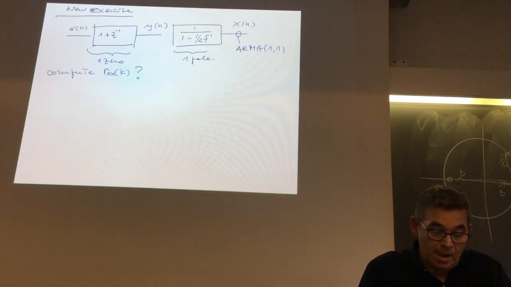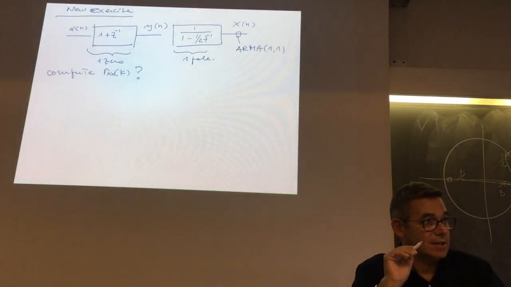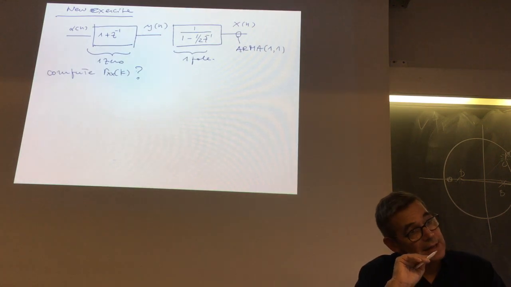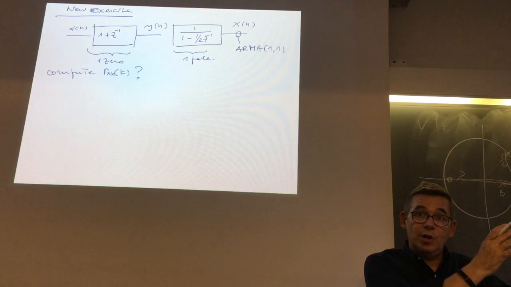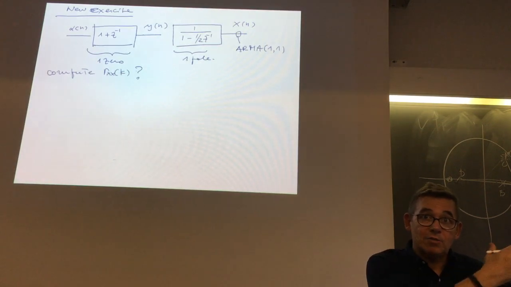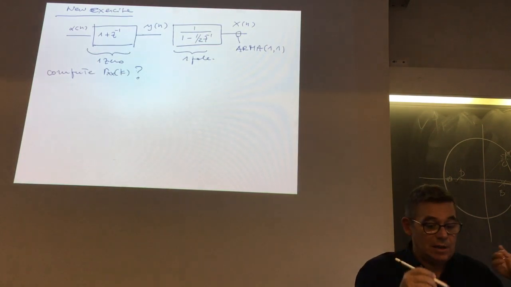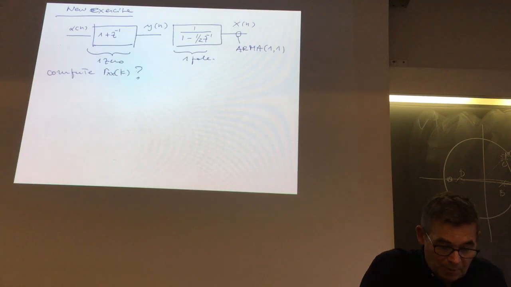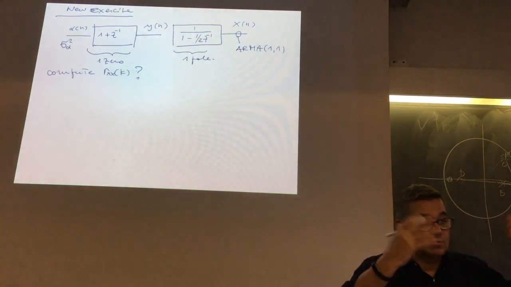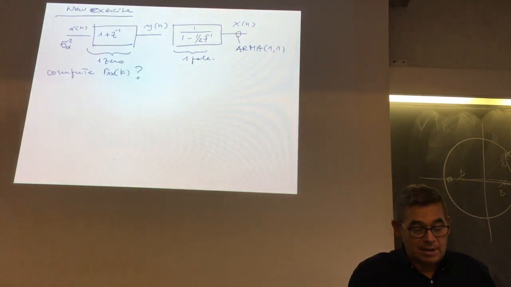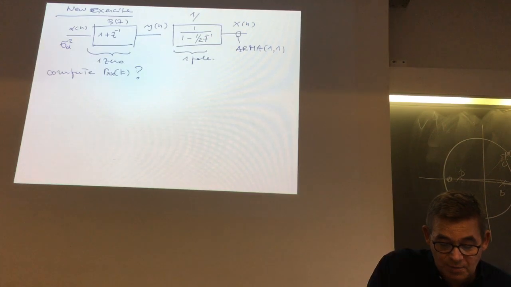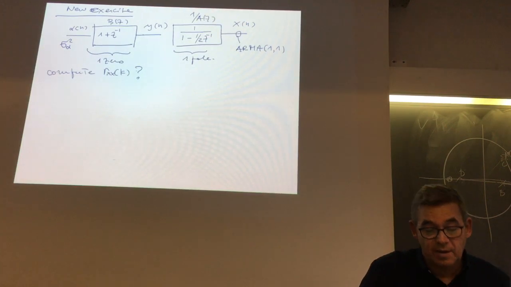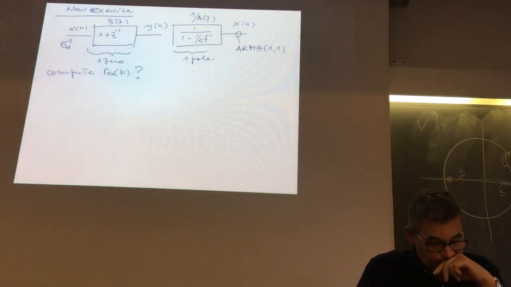Now, if you have this kind of exercise where you have a cascade of systems, where you take a random process alpha, which has, I don't know, the power sigma square alpha, just to simplify, then this is filtered by a certain filter B(z), and then it's filtered by 1 over A(z), as in this case.